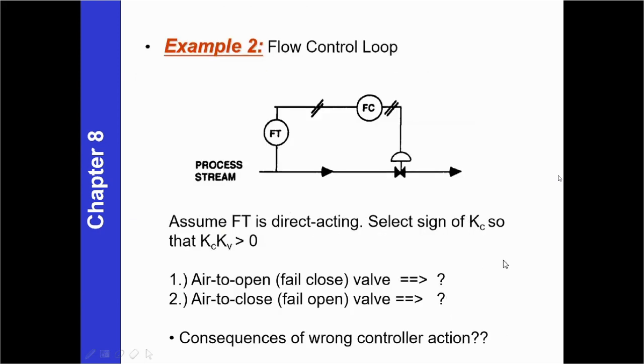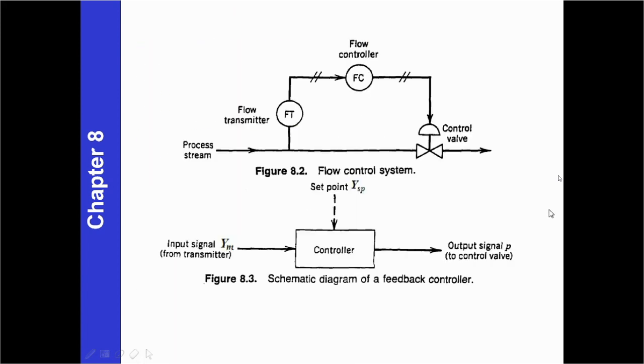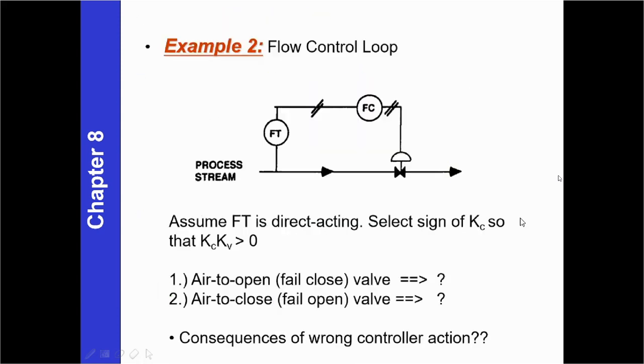Based on the first example, now we move to the second example. The first example had the flow transmitter, FT, and the graph here. Now we have the second example, but in this case we assume the FT transmitter is direct acting.